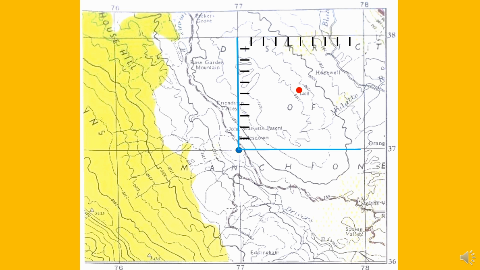It is actually crossed by both Easting 77 and Northing 37, which means that our third figure is going to be 0 and our sixth figure is also going to be 0. Hence, the six-figure grid reference for the post and telegraph at Ecclesdown is 77.0, 37.0.